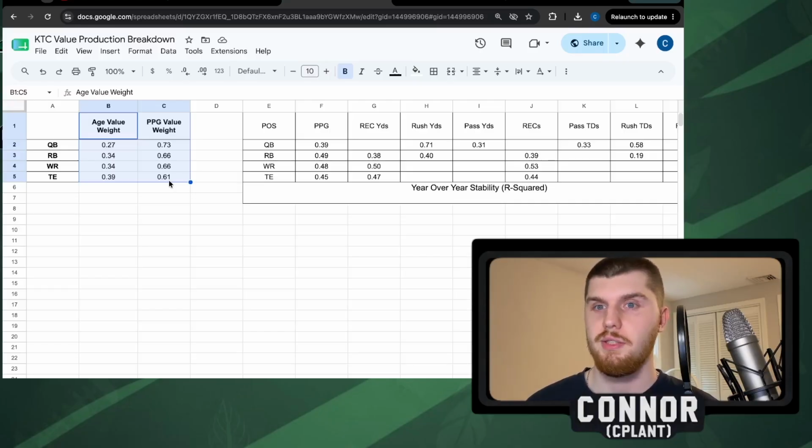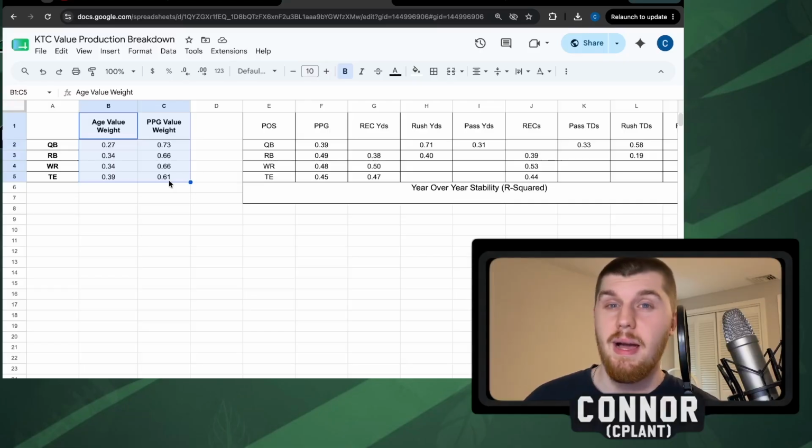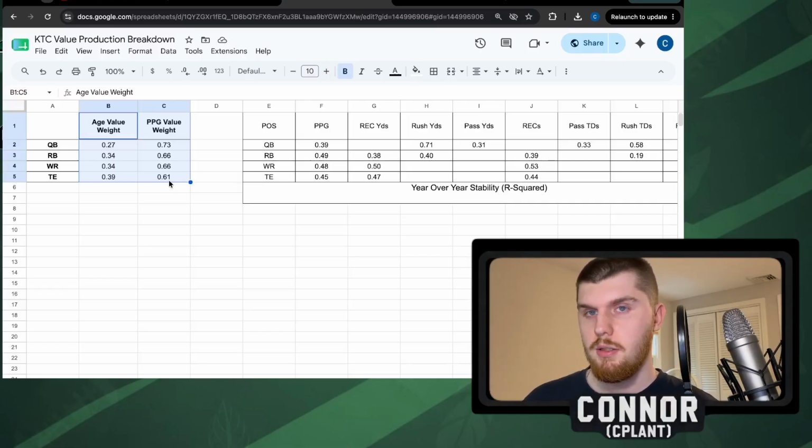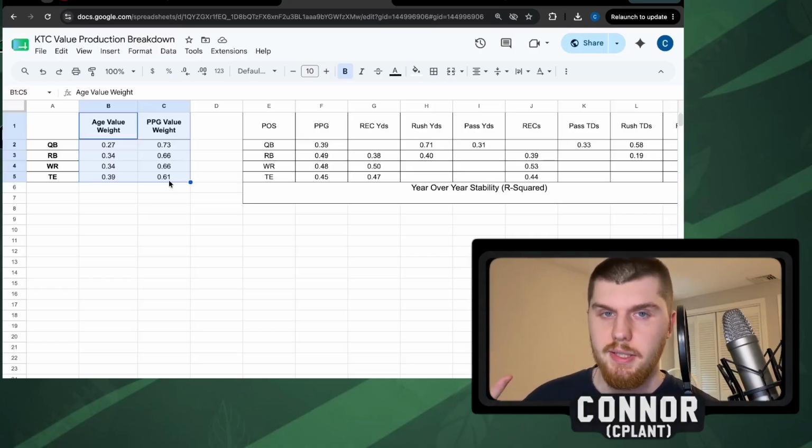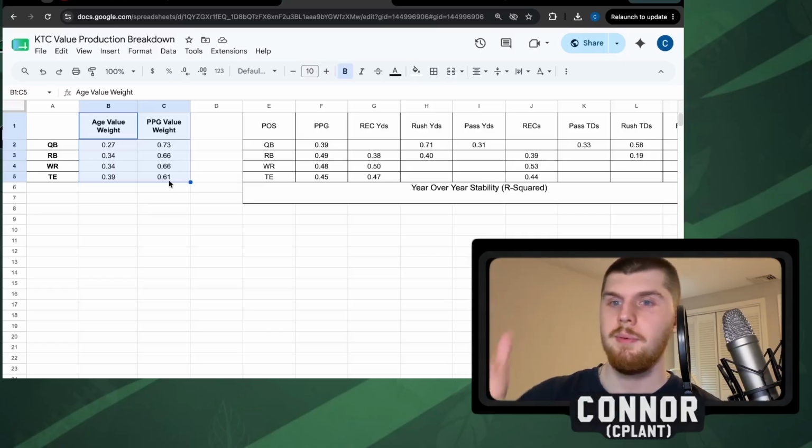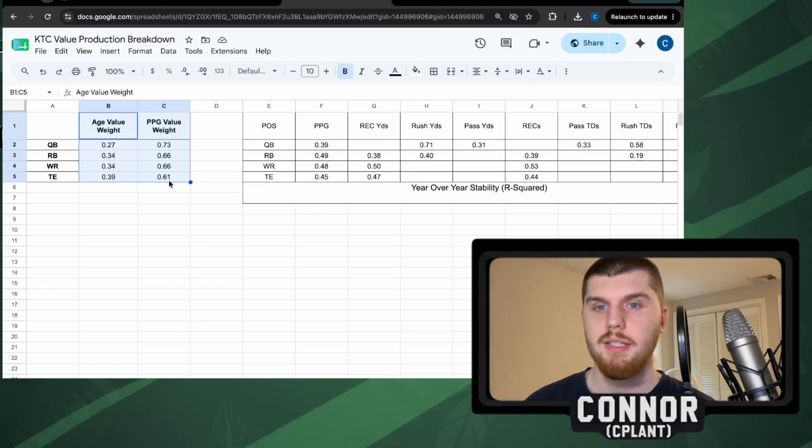Their previous season points per game. That was fascinating to me. It's only about half of it, right? The other portion of it is unexplained variance and the value of their age. But to be able to definitively say, okay, Dynasty value is half what they did last year, that's pretty cool to me.